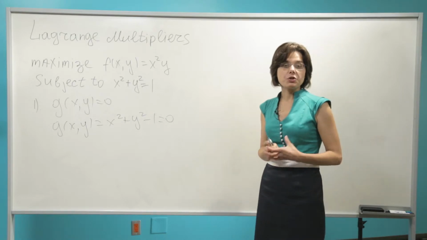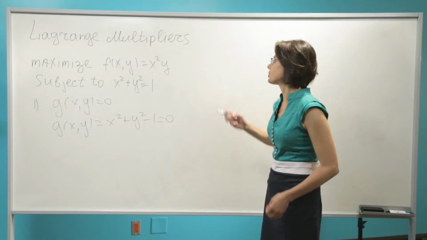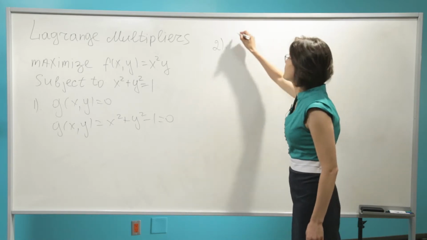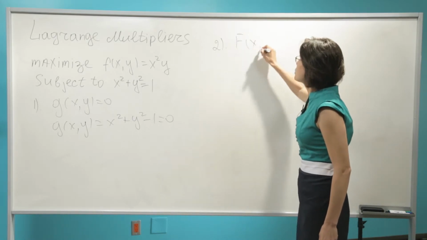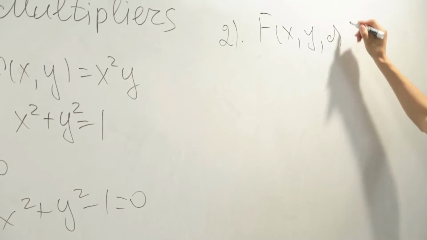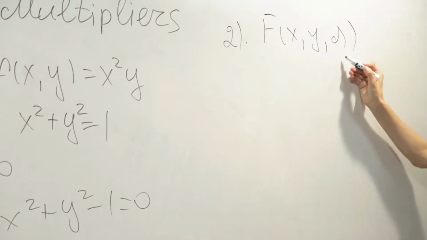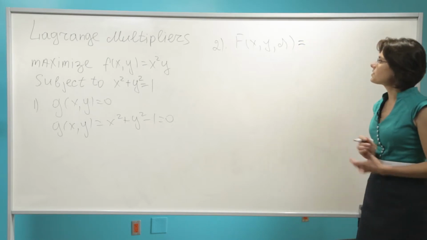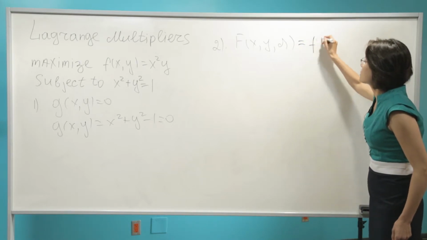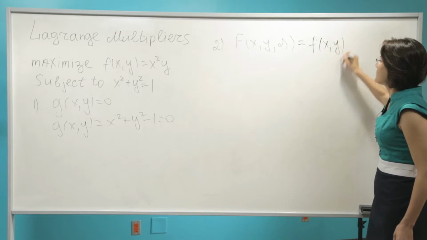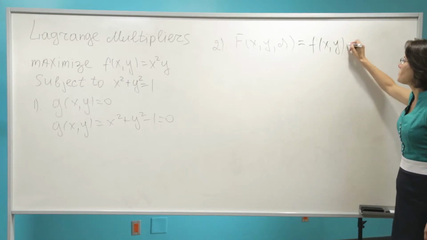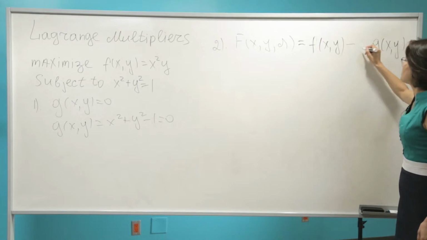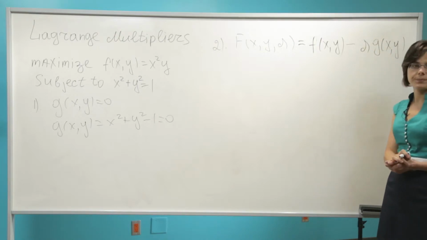The next step is to construct a Lagrange function. We're constructing it in the following way. This will be a function of three variables, x, y, and lambda. This is just the Greek letter lambda. We take our function f of x, y, and we subtract the function g of x, y multiplied by lambda.